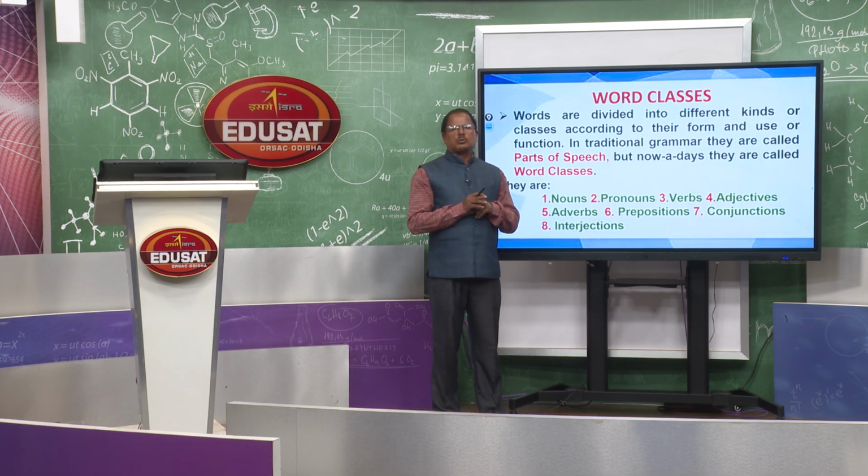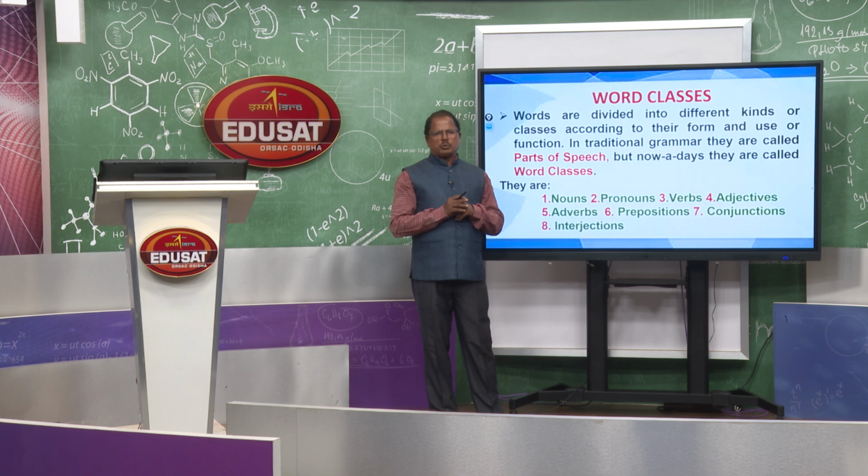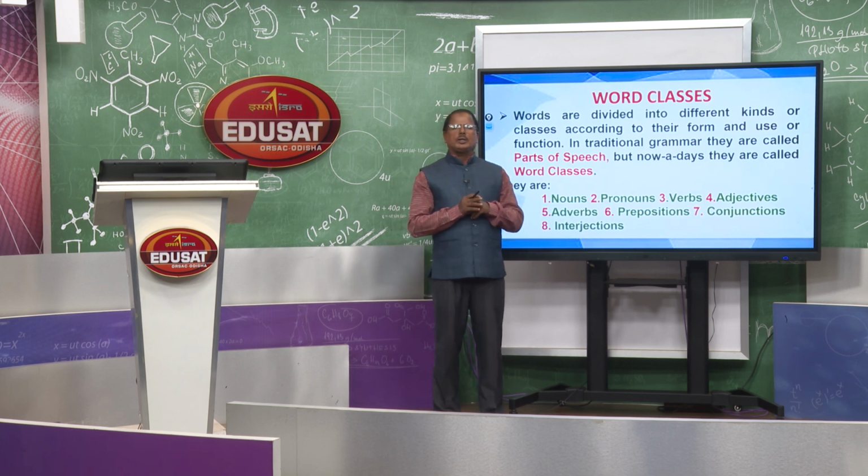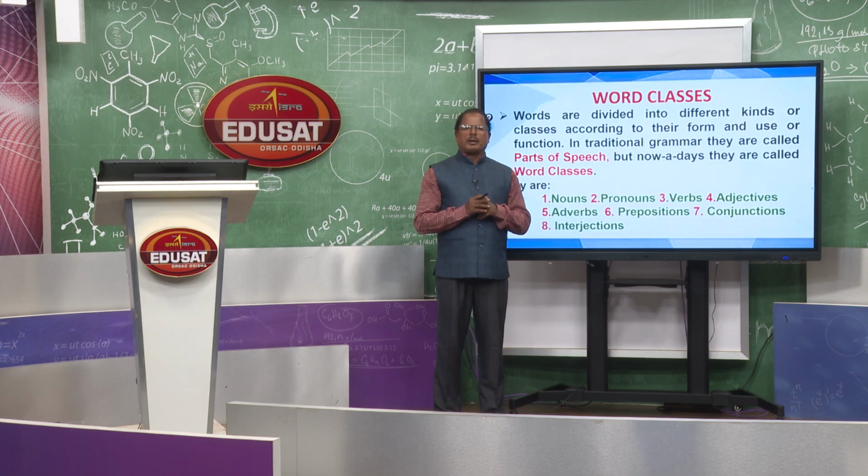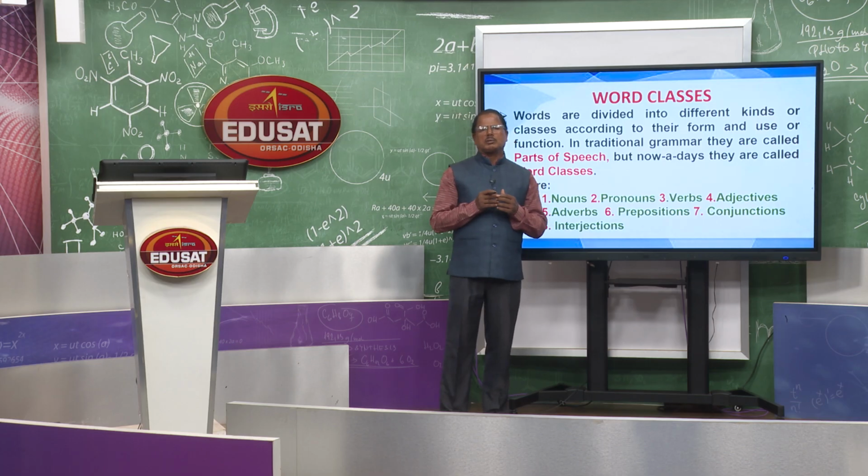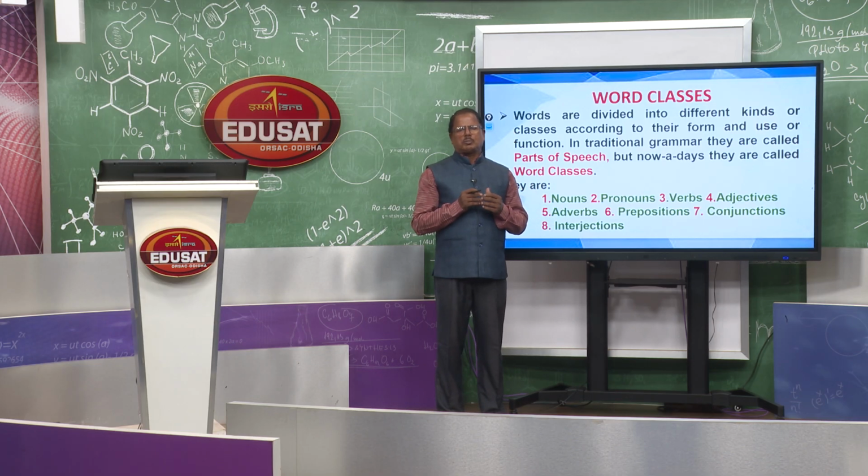So, according to the form and function or use of the words, we identify them. And in the old grammar, in the traditional grammar, people used these different kinds of words as parts of speech. They say 8 parts of speech. Nowadays, the modern grammarians say that no, these are not speech parts.